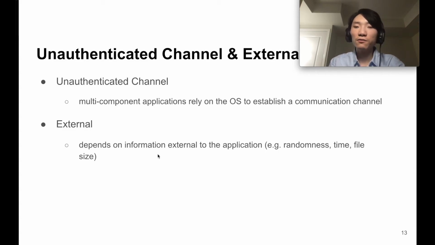Notice it is different from untrusted payload from a file or network, as both endpoints are part of the trusted application. Finally, external semantics depend on information external to the application. Examples include randomness, time, and file size. Some code assumes it owns an unencrypted file exclusively, which is not true even under a normal threat model.